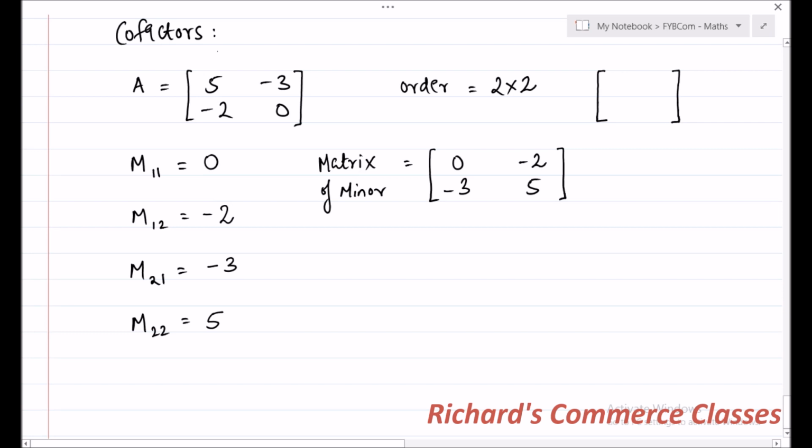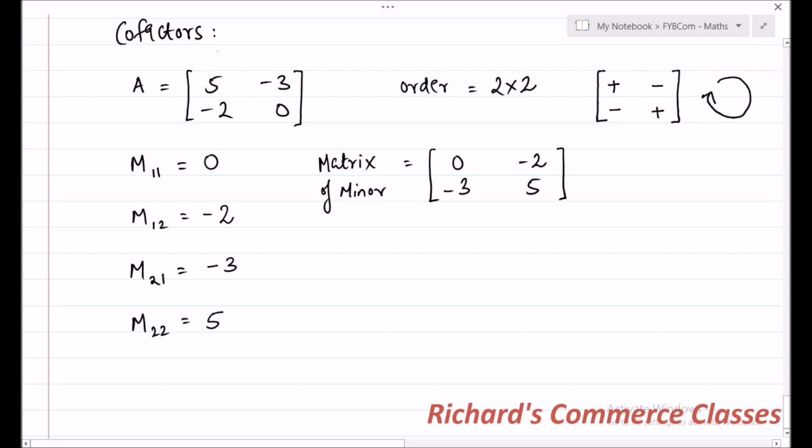Starting with M11, that will be in this position here. Starting with this position, the first sign you will assign is a positive sign, and moving clockwise, you will keep changing the sign. So first one being plus, the next one minus, next one plus, and the next minus.